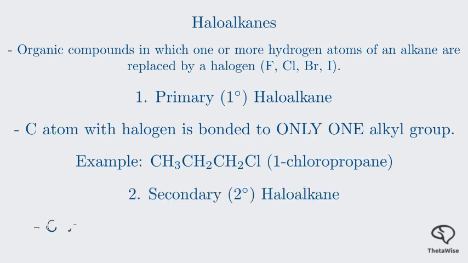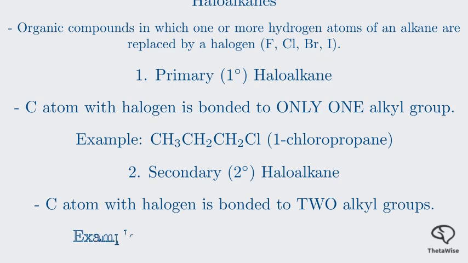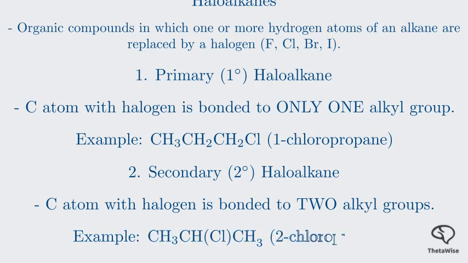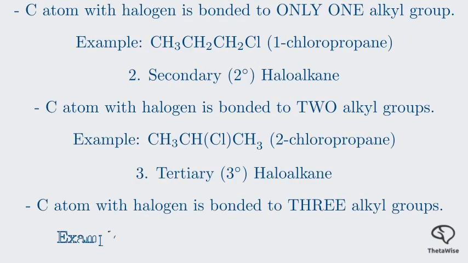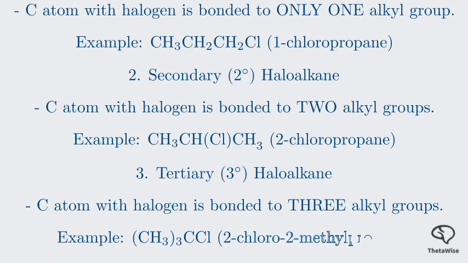In a secondary haloalkane, the carbon atom with the halogen is bonded to two alkyl groups and one hydrogen atom. A common example is 2-chloropropane. And in a tertiary haloalkane, the carbon atom with the halogen is bonded to three alkyl groups and no hydrogen atoms. For instance, 2-chloro-2-methylpropane. This classification is vital because it determines how the molecule will react, which we'll see soon.